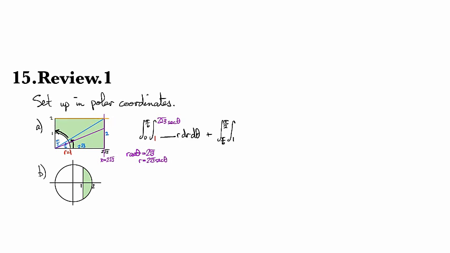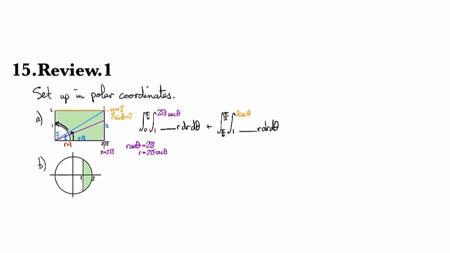This line right here is the line y equals 2, or r sine theta equals 2, or r equals 2 cosecant theta. And then the rest is as before. All right, so there's the first one.